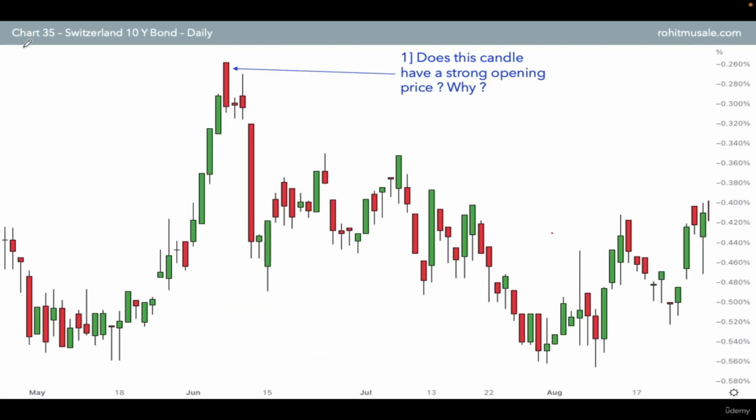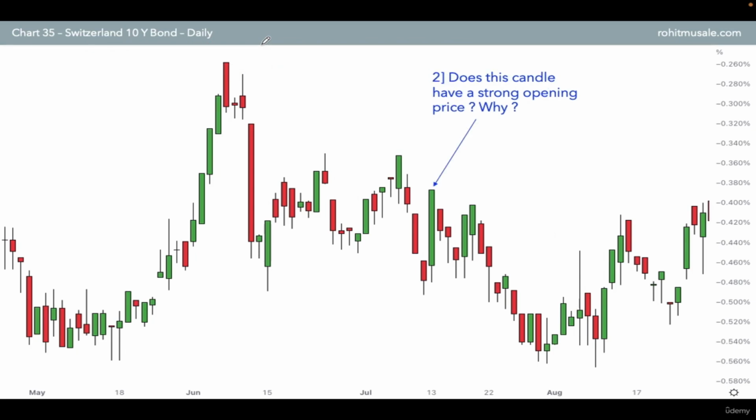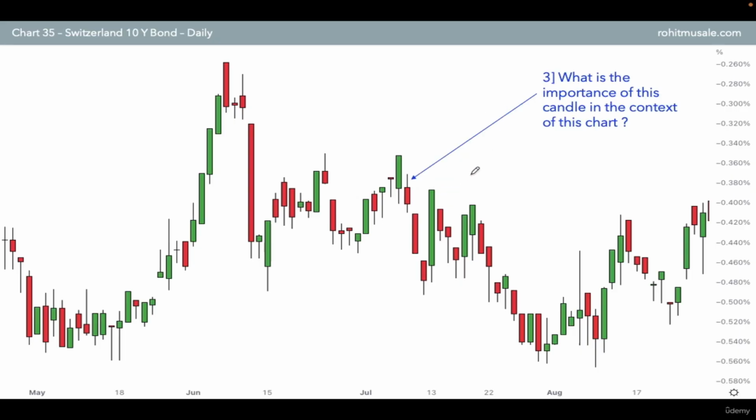This is chart number 35, Switzerland 10-year bond yield, and this is a daily time frame. Question 1. Does this candle have a strong opening price and why? So this red candle. Number 2. Does this candle have a strong opening price and why? This green candle. Number 3. What is the importance of this candle in the context of this chart? So this red candle.